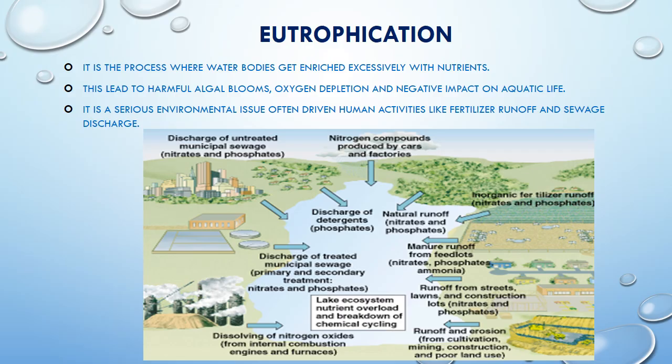Then there are dissolving nitrogen oxides from internal combustion and furnaces. Factories release fumes after burning coal, and the fumes dissolve into the water and contain nitrogen. Then there is runoff of erosion and runoff of the street. All this adds to the lake or freshwater ecosystem, and it leads to eutrophication.